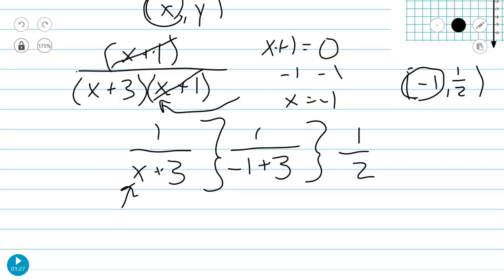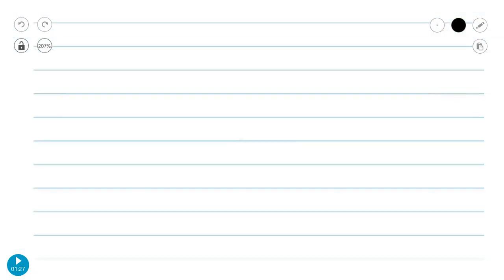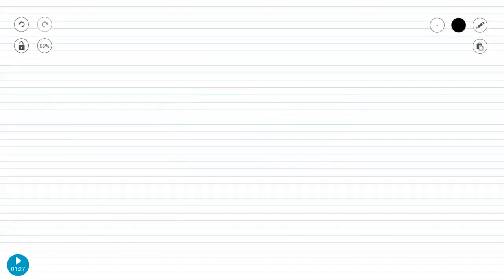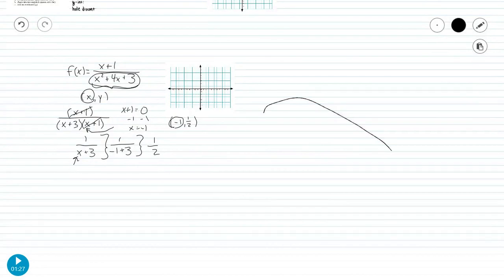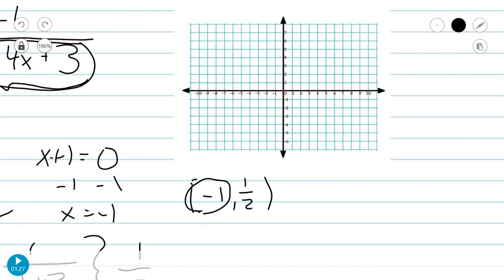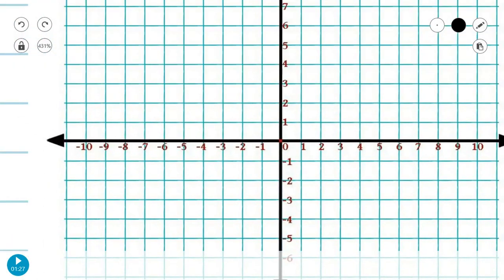So I can go to my graph, and I can plug that in. So just about there, I have a hole discontinuity.